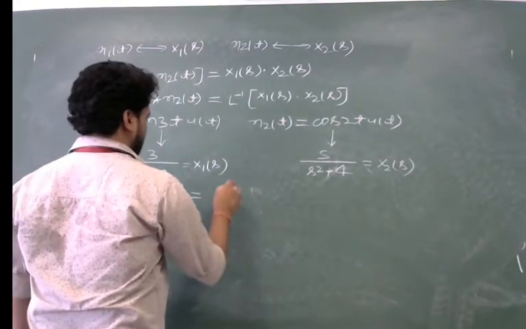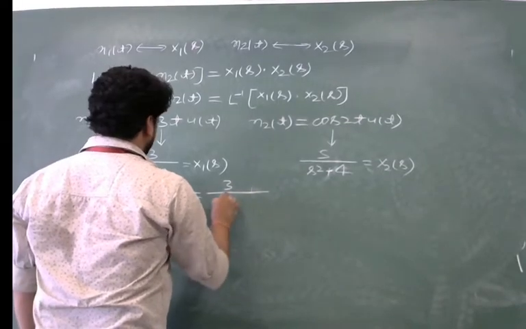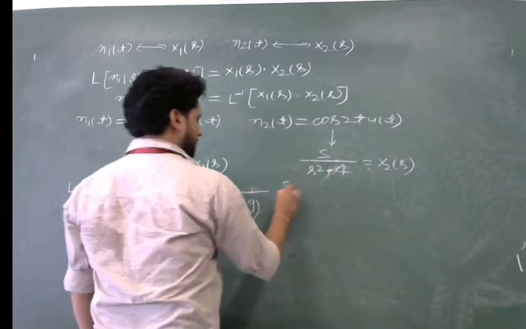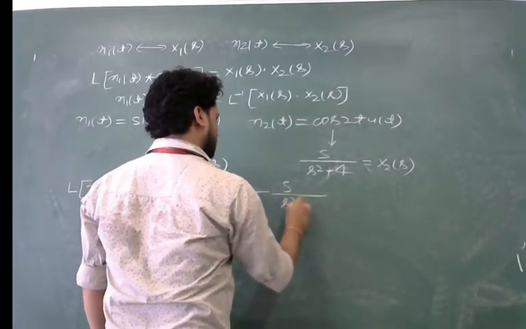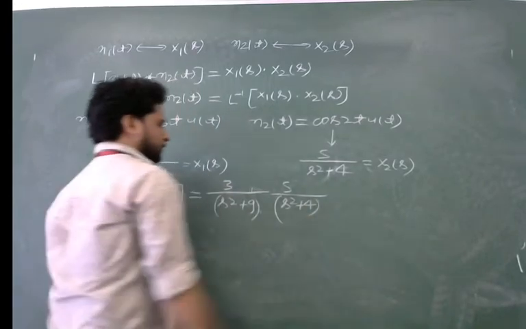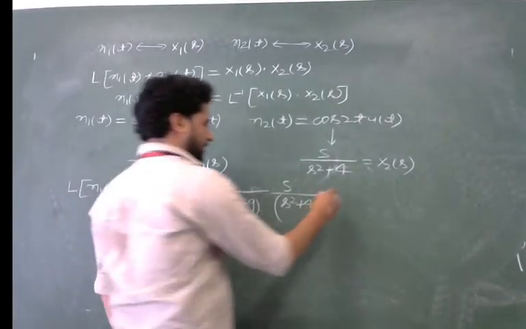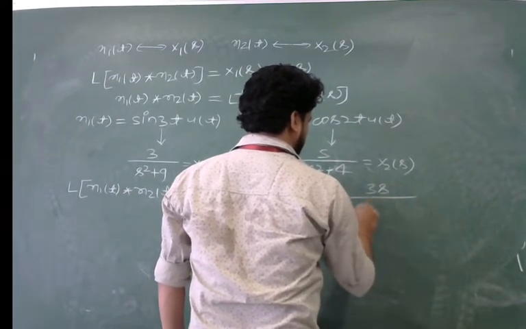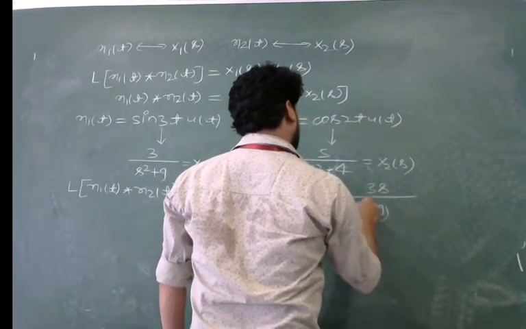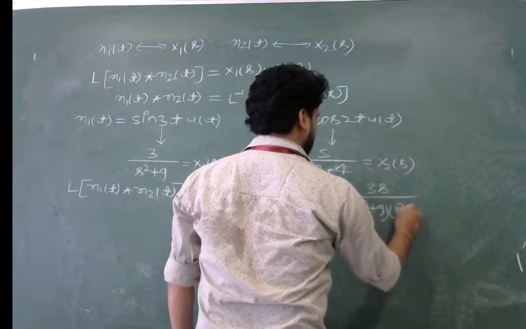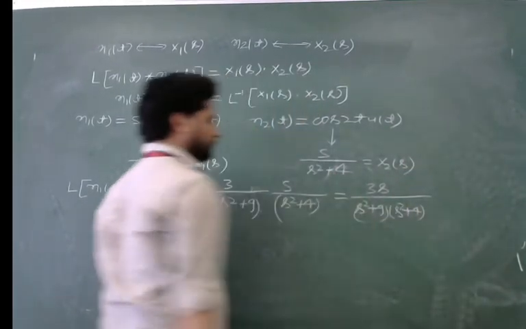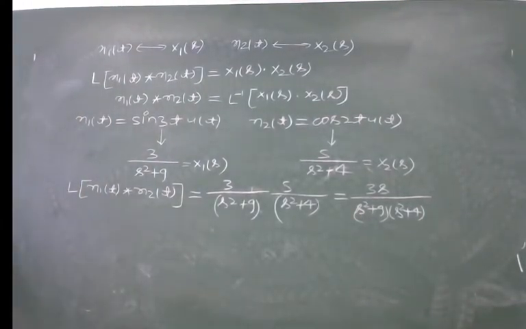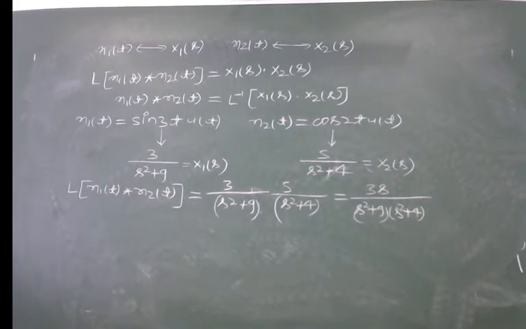So this will be equal to 3 by s square plus 9 into s upon s square plus 4, or this simply can be written as 3s upon s square plus 9 into s square plus 4. This is the Laplace transform of x1 of t convolution with x2 of t.